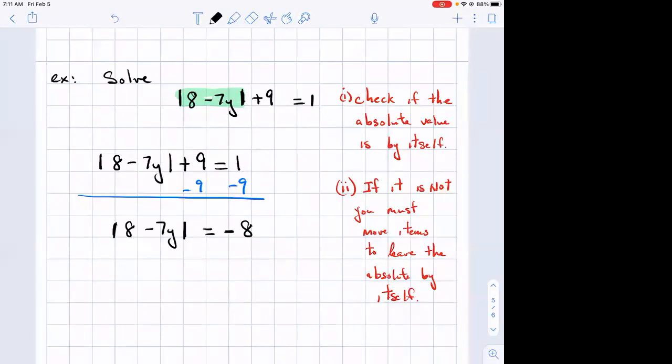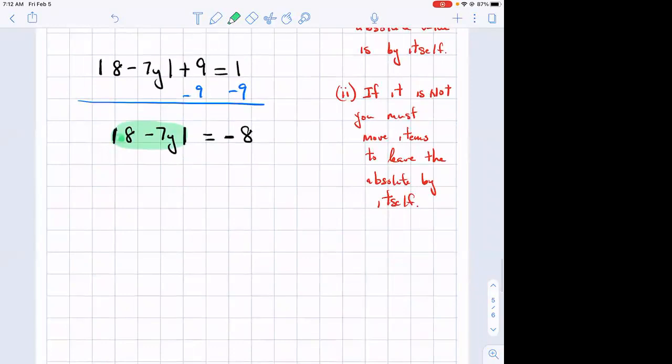Now I want you to pay attention here because you will see something towards the end of this problem. We said before that the absolute value of anything is positive, right? This has to be equal to something positive. And here we're saying it's negative 8. Well, let's solve the equation and see what happened.